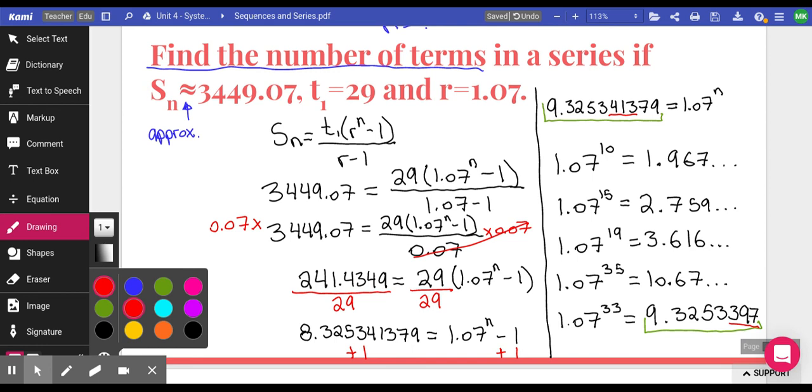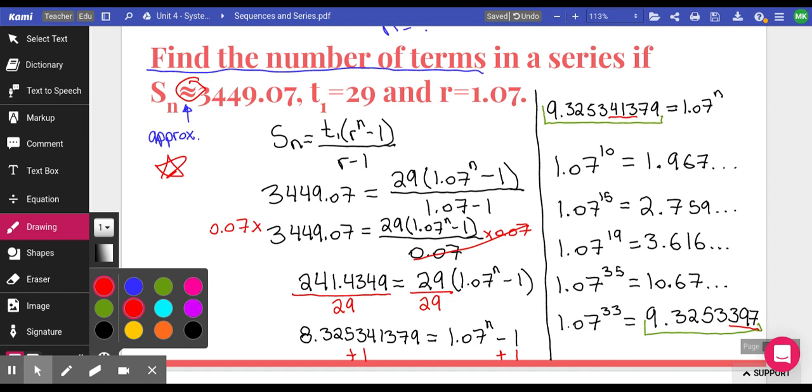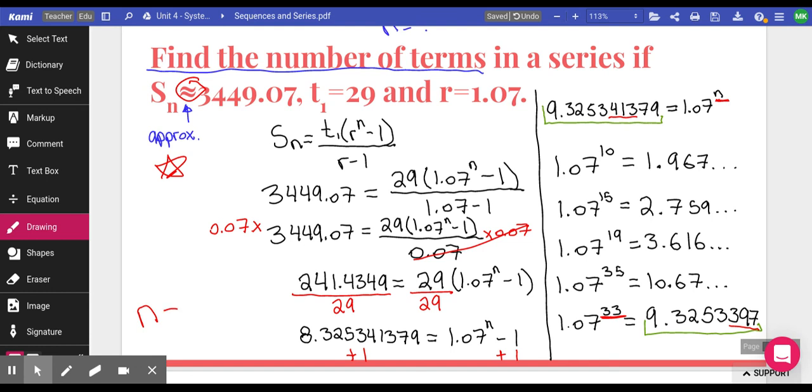The reason is that this was an approximate question, and they rounded at some point. So our answer is close, but not perfect. However, I now know that n must be 33. So that is my answer. There are 33 terms in that series.